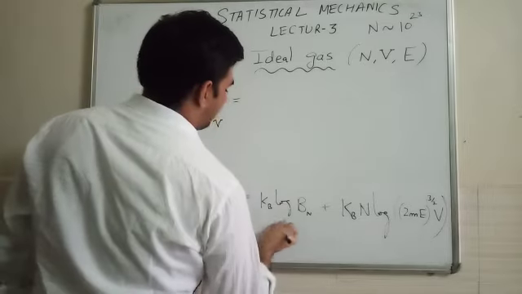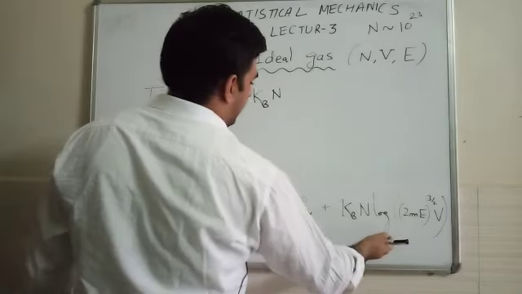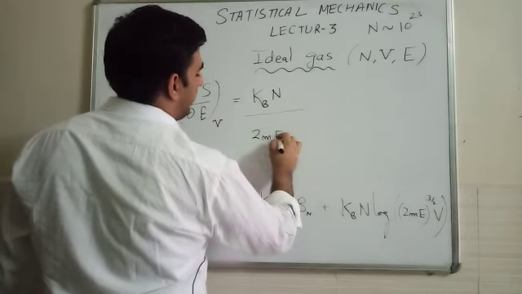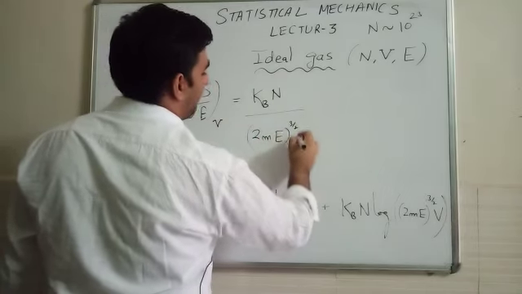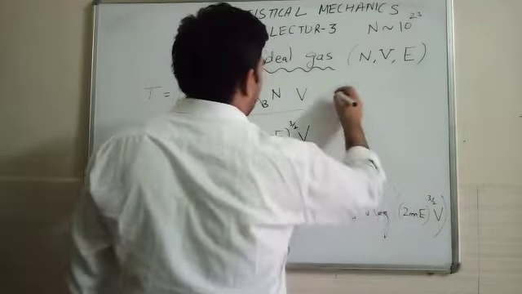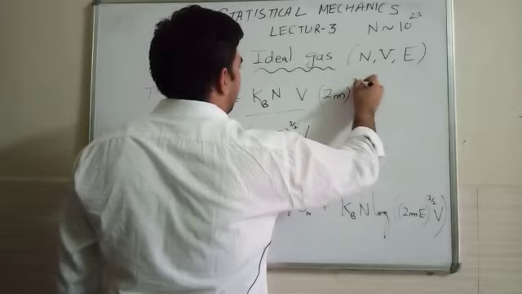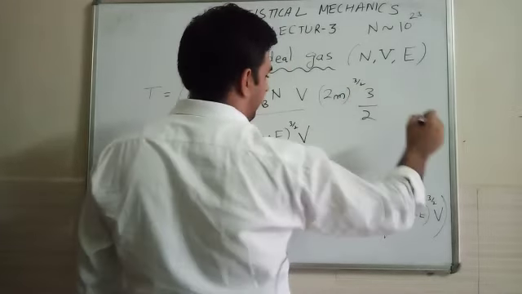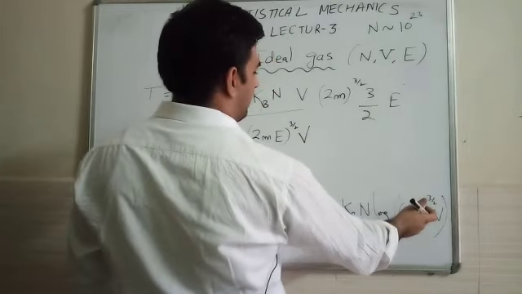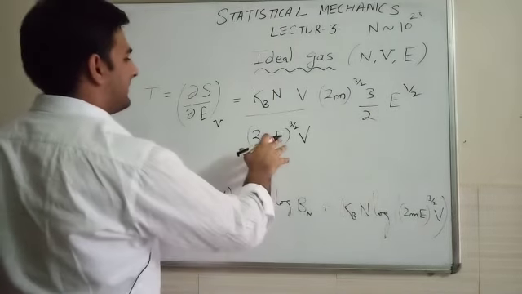Since the first term is a constant, its derivative is 0, and we have kB n with respect to E of log of (2mE)^(3/2) V. The derivative brings out 3/2, and 3/2 minus 1 gives 1/2.